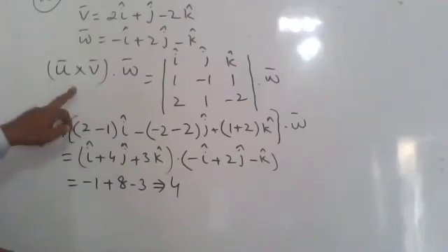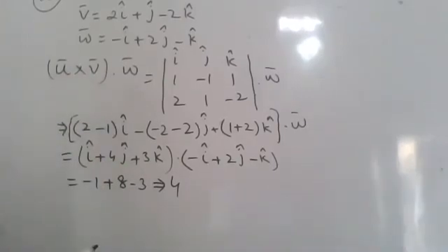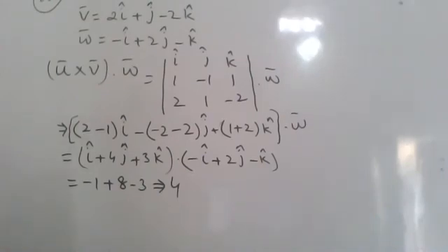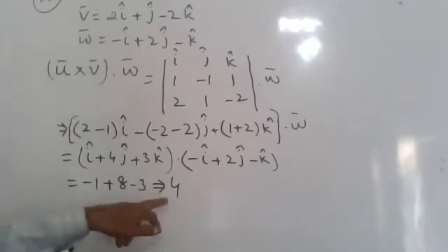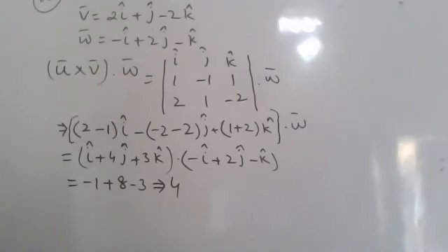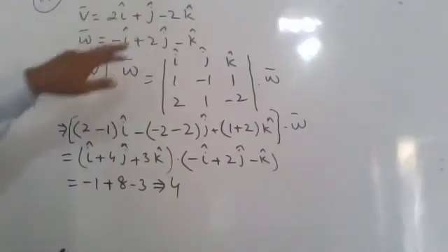So this is also the volume. This is also the volume of the parallelepiped determined by the vectors u, v, and w. This is one way to take the scalar triple product.